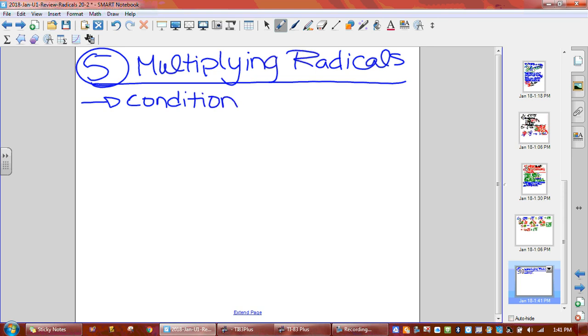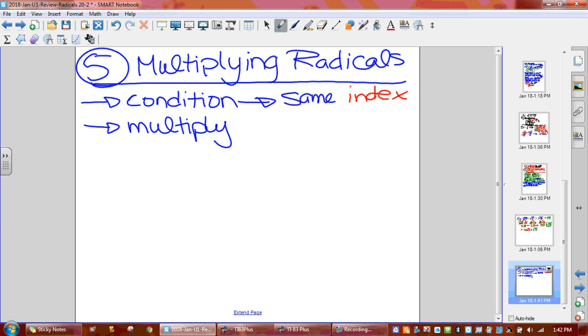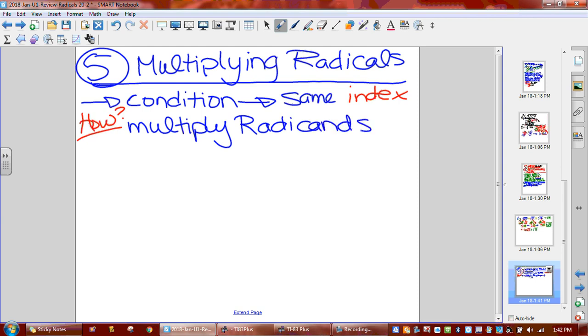So how do we do it? We multiply radicands together. Then multiply coefficients together.